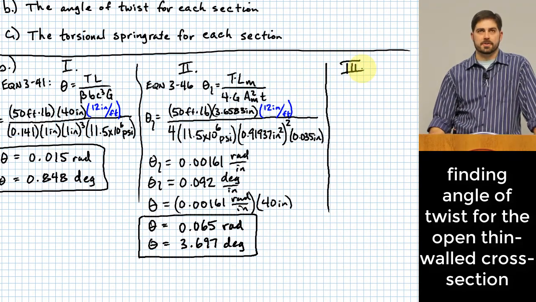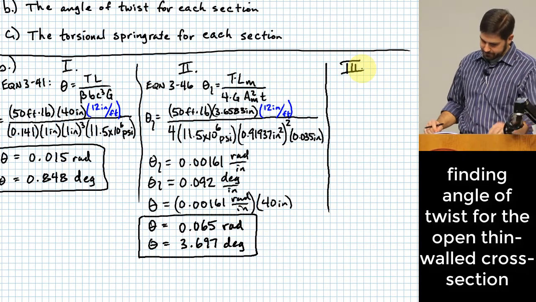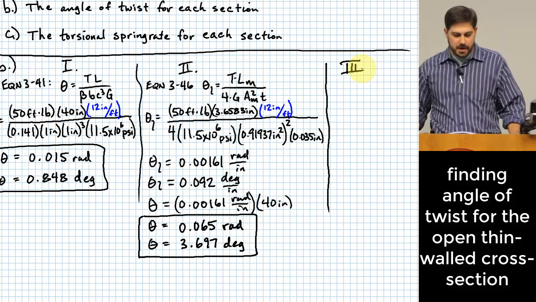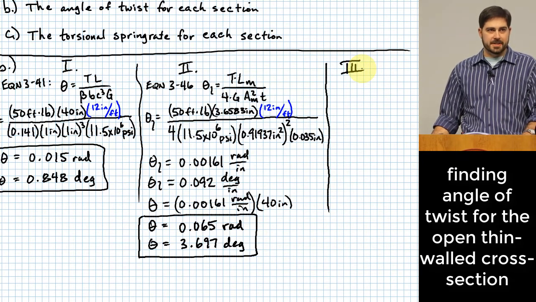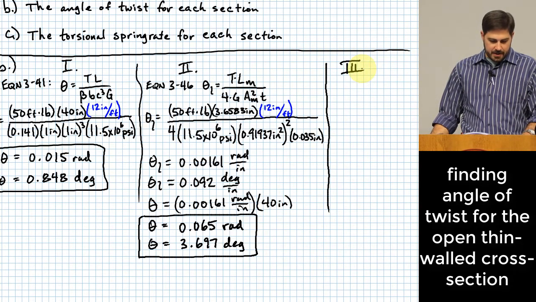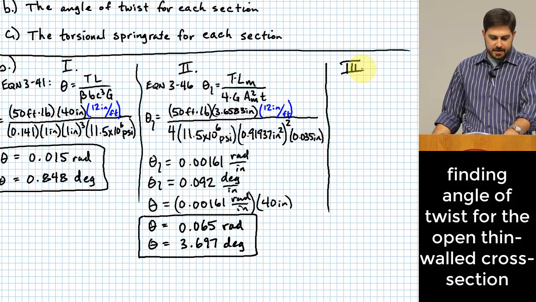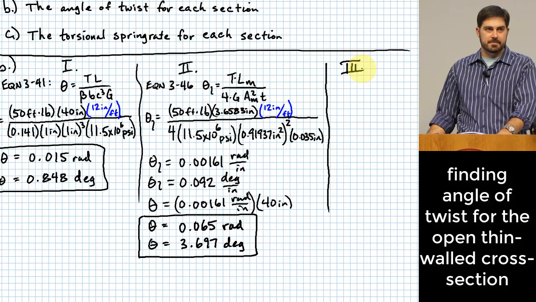Now, open cross section. This is where it gets a little bit interesting, because the equation is not stated perfectly in terms of theta sub L. What it does give us here is that G times theta sub L times C is equal to 3T over LC squared.